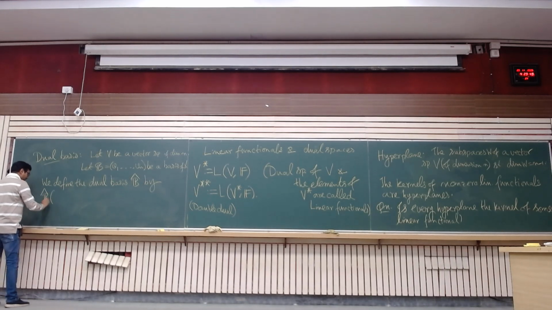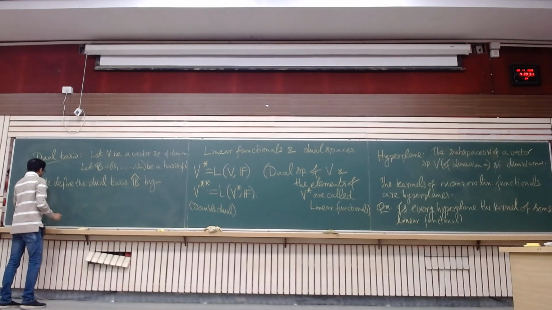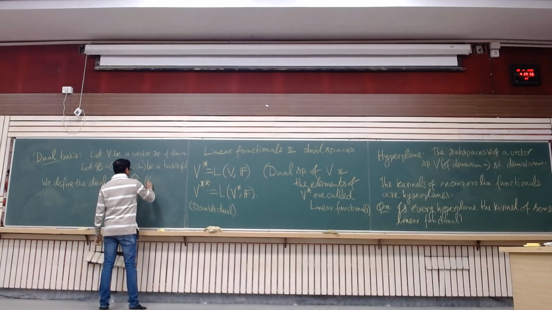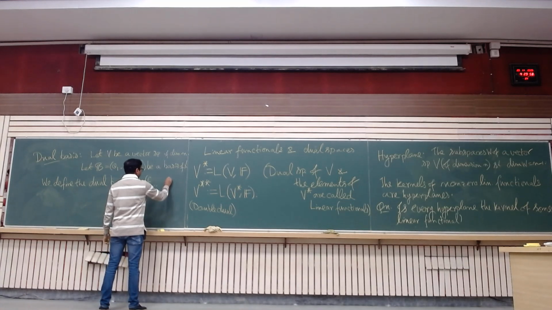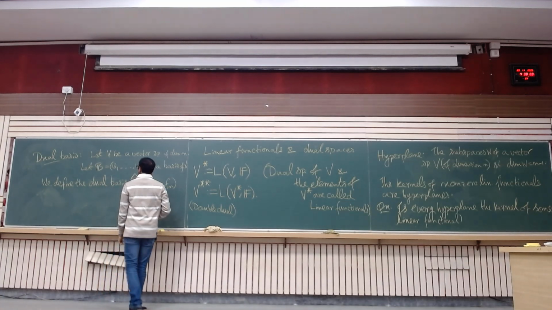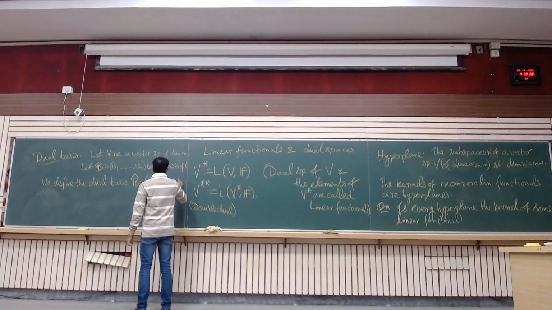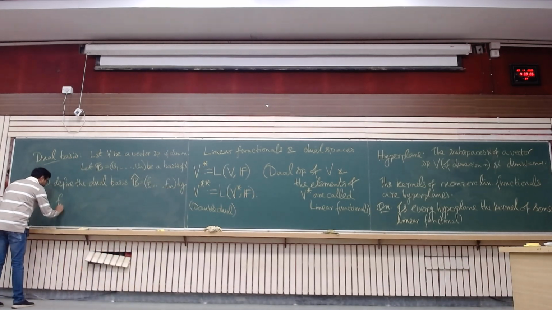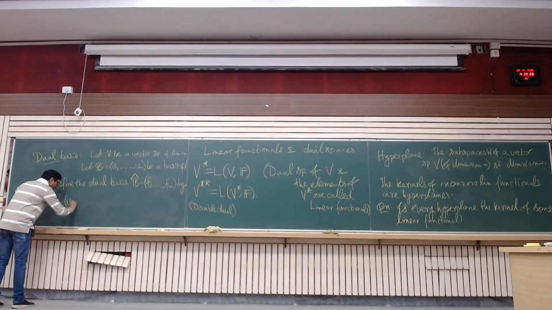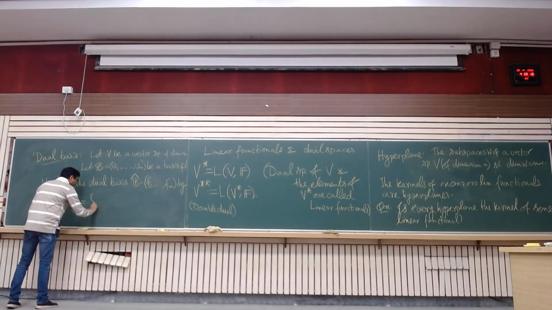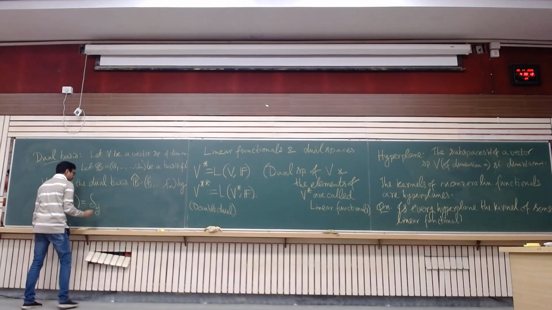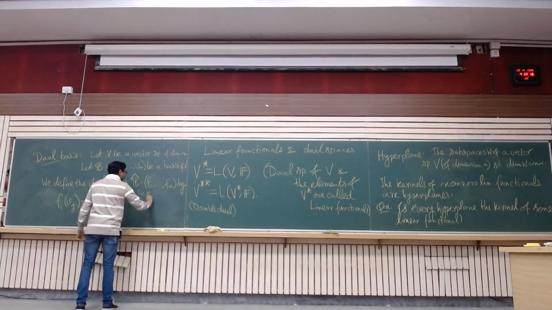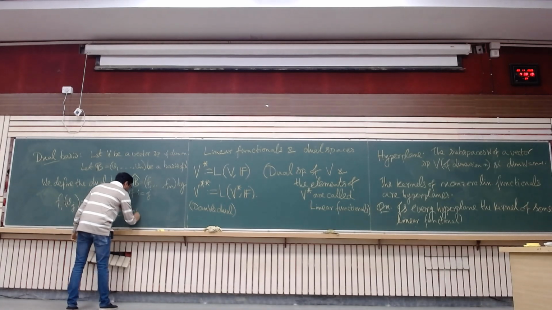Let's define some linear functionals f1, ..., fn by fi(vj) equal to delta ij, the Kronecker delta function. That is, it takes the value 1 if i is equal to j and 0 otherwise.